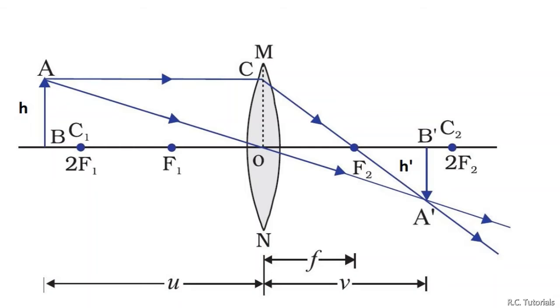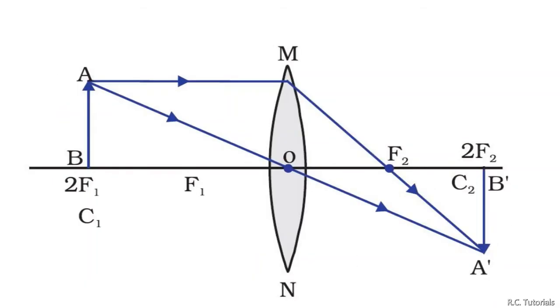Next, number 3 condition. When the object remains at C1, the center of curvature, one ray will come parallel to the principal axis and pass through the focus on the other side of the lens, and the other line will pass through the optical center and intersect with the first line.